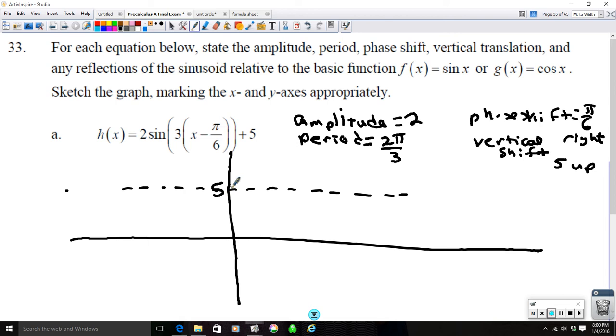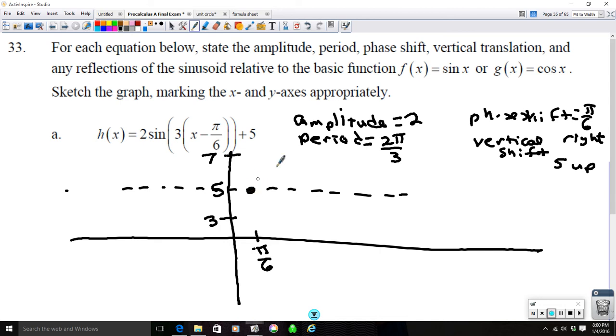So that's your axis. This is your central axis. If amplitude is 2, then we know the maximum value is going to be 2 units up, and then our minimum is going to be 2 units down, which is 3. Our phase shift is pi over 6 to the right, so that means this is going to start at pi over 6. And then the full period, again, we know this is a sine function, so it's starting here.